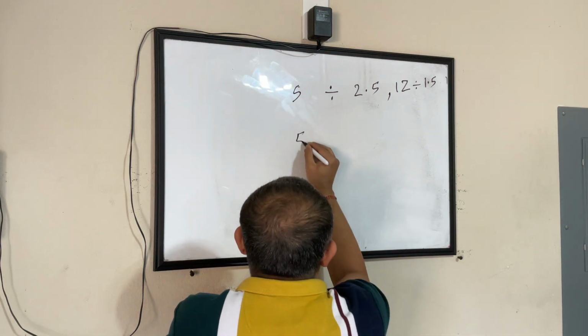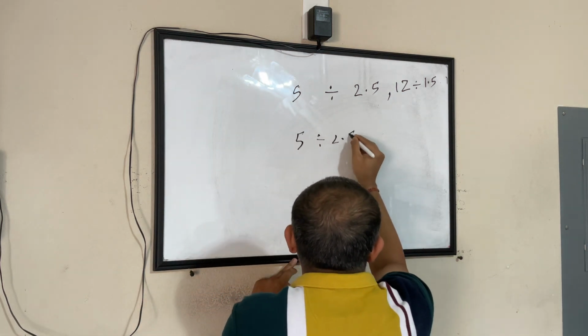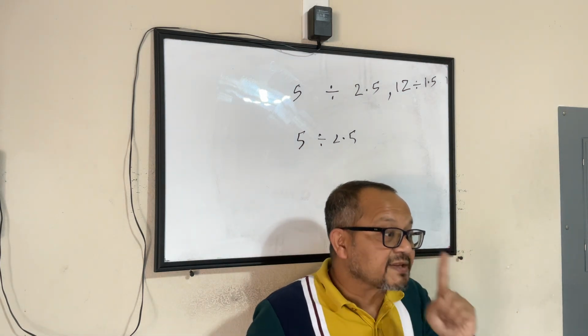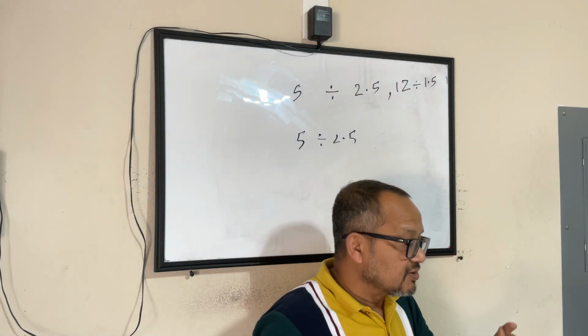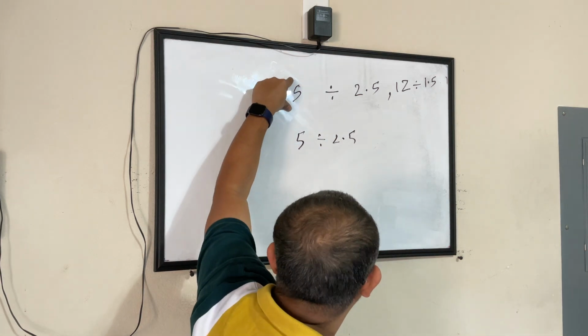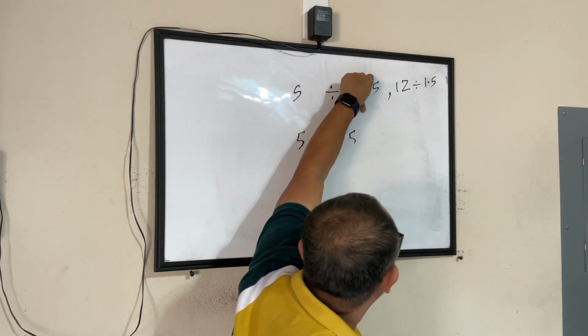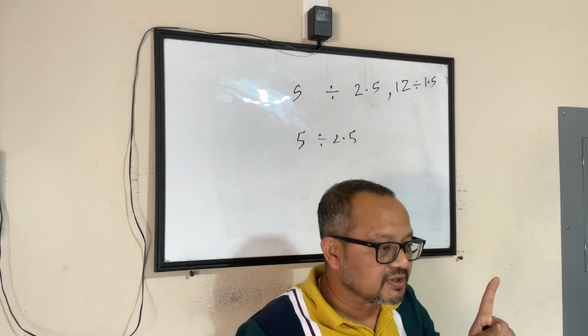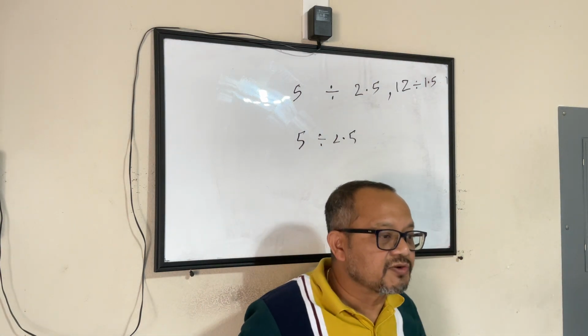Let's divide 5 by 2.5. The first thing that you have to remember is when you're dividing decimals, you have to match the number of digits after the decimal. Meaning the number that you're trying to divide versus the number by which you are trying to divide. Both should have an equal number of digits after the decimal. That's the first thing before you even start.